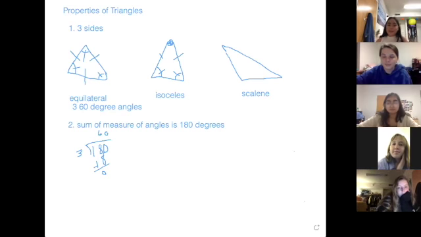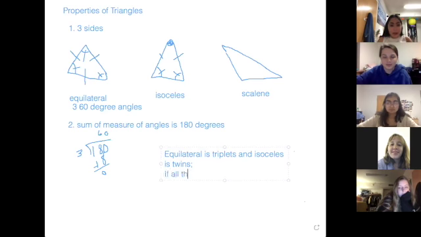So now this might sound a little bit silly to you guys, but I made up a short rhyme and I'm going to write it down so we don't forget it, to help you remember the types of triangles. So equilateral is triplets, which makes sense because there's three sides that are all the same. And isosceles is twins.